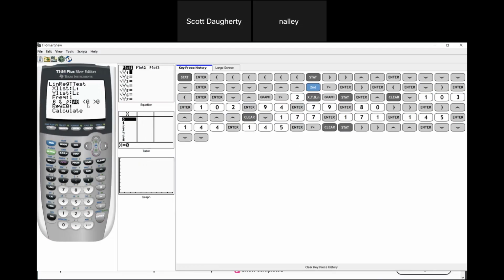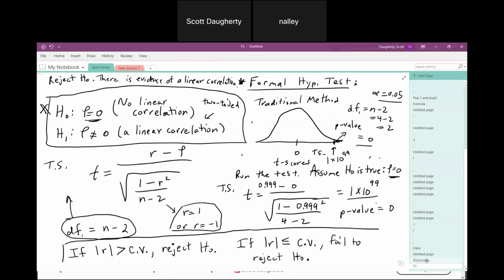If it's less than 0, then you're claiming that it's a negative correlation, so that R would be a negative number. And if you're saying it's greater than 0, then you're claiming it has a positive correlation, so R would be positive. Not equal to means that either way, it could be close to 1 or -1, but it's not 0, right? And that's exactly the way you set up a hypothesis test here.